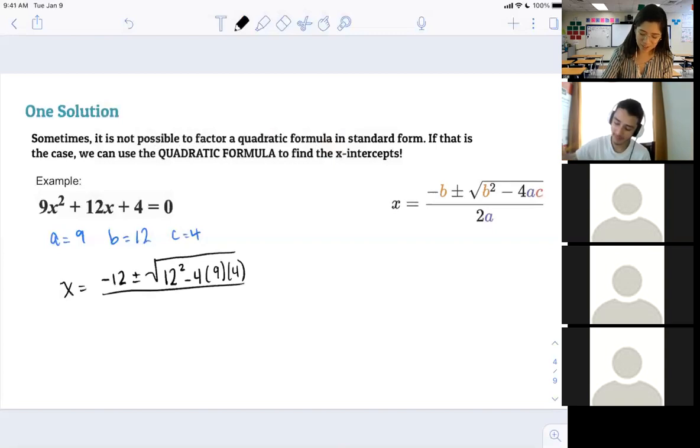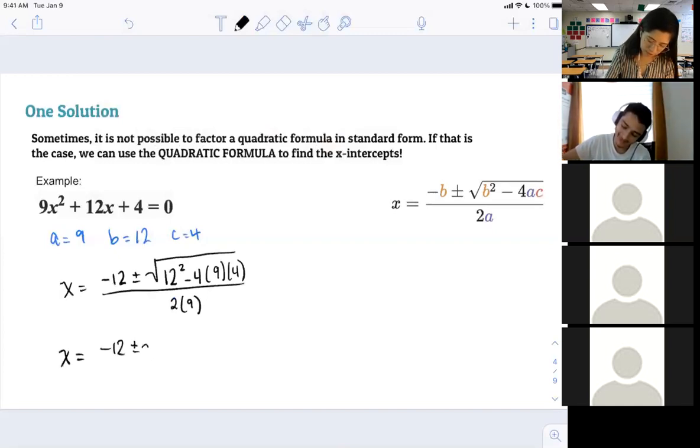And then 2 times 9. Cool. Okay, 12 squared is 144. What's 4 times 9 times 4?